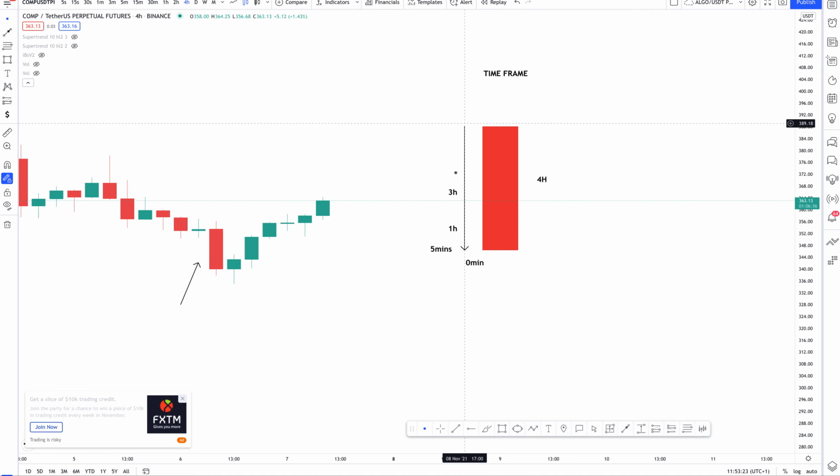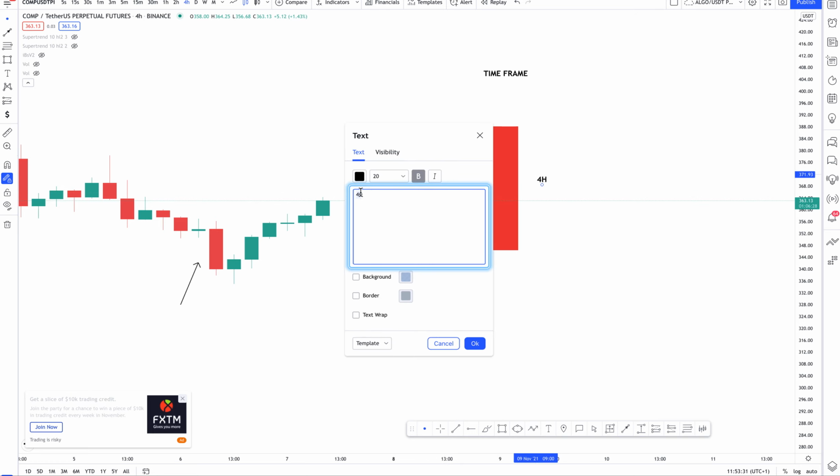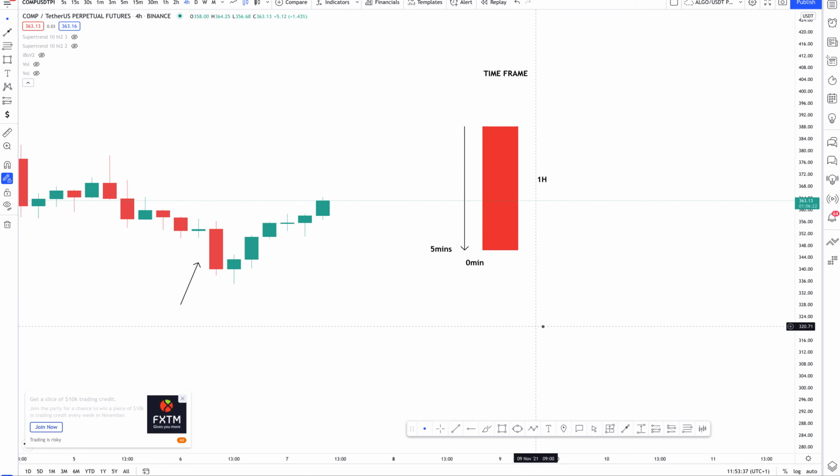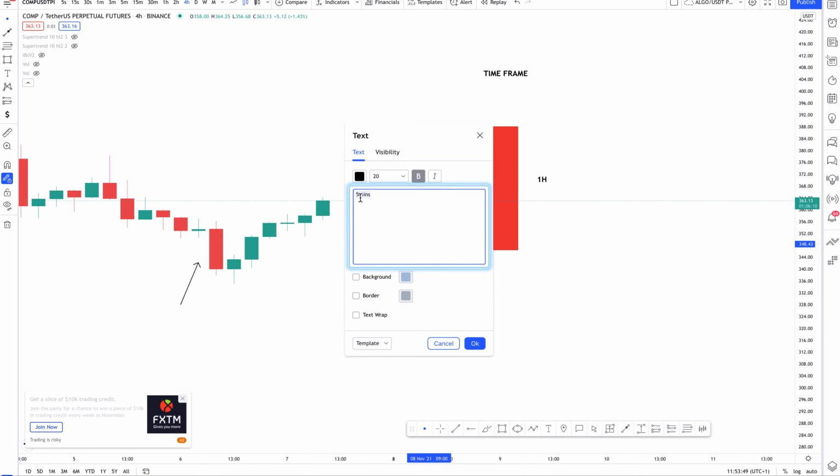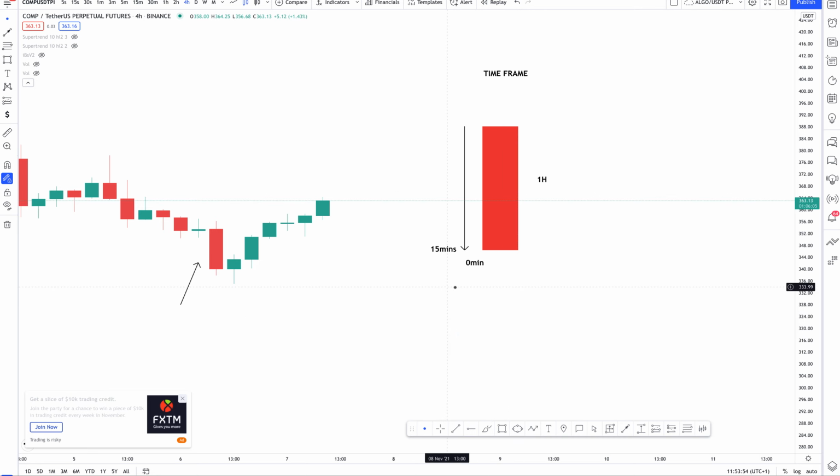Let's say this was to be a 1-hour chart. I'm trying to see how best I can do this, even for one that does not have any knowledge about whatever I'm talking about. If a child can't understand it, then it's useless. So let's say this is a 1-hour chart, and then we have 15 minutes here: 1, 2, 3, 4.